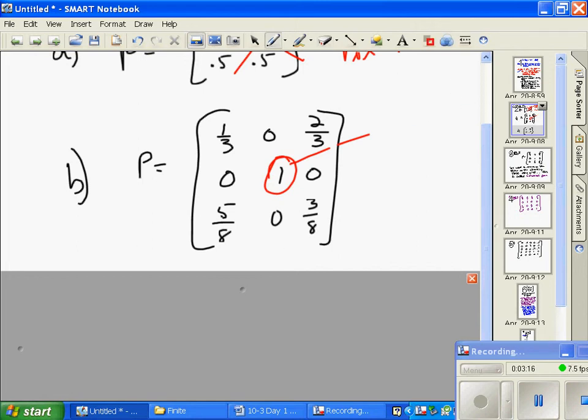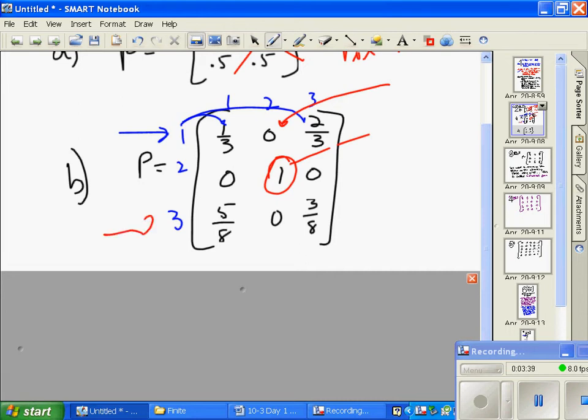But can you get there from any other state? So I'm going to label these 1, 2, 3, 1, 2, 3. Let's say I start in state 1 right here. I can go from state 1 to state 1 and from state 1 to state 3. I cannot start in state 1 and go to state 2.